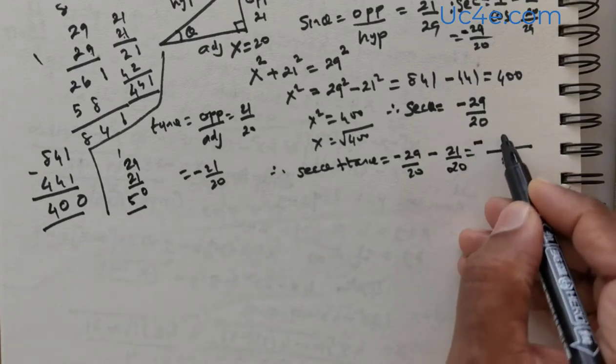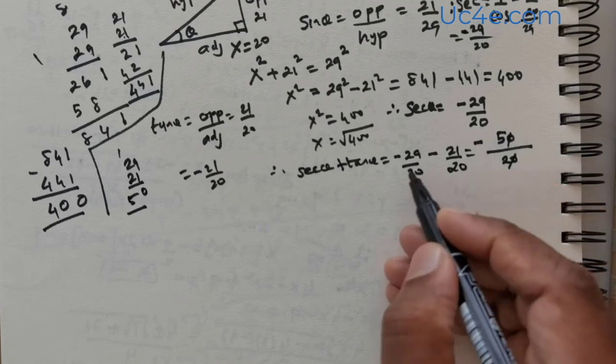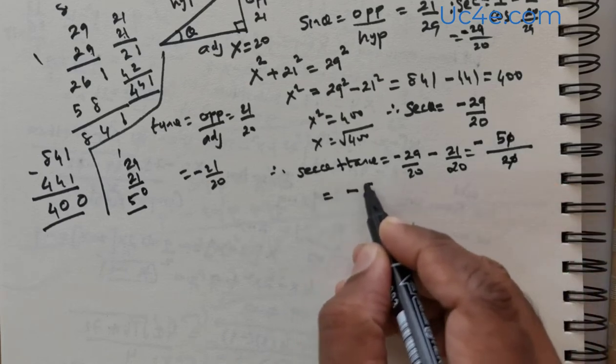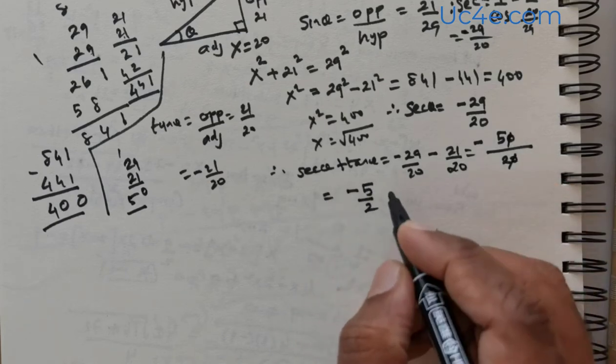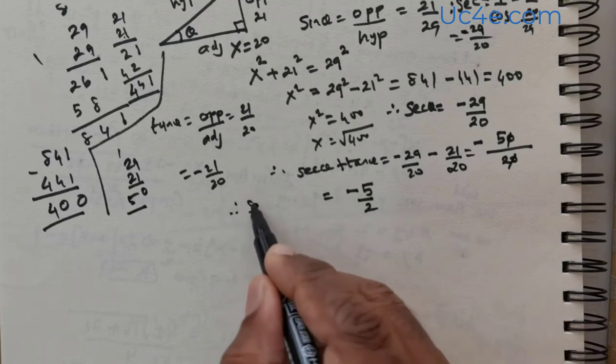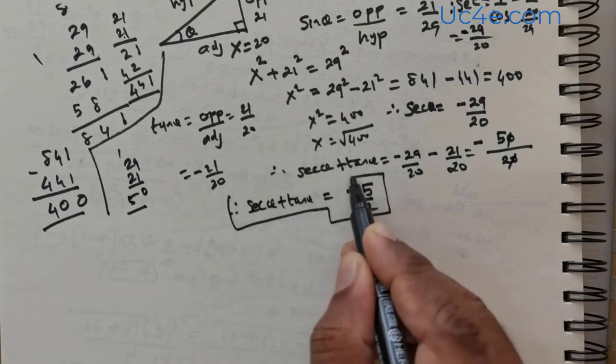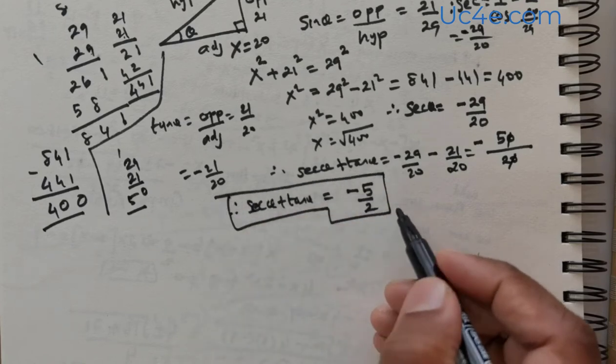So I get a negative sign and a 50. So we can cancel the zeros, giving us a value of negative 5 over 2. So this should be your result. So therefore secant theta added with tan theta is equal to negative 5 over 2.